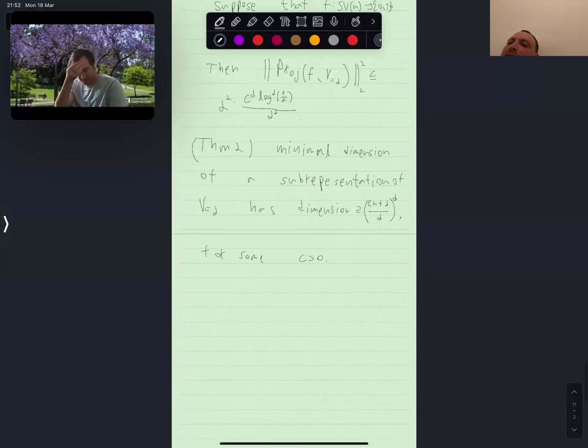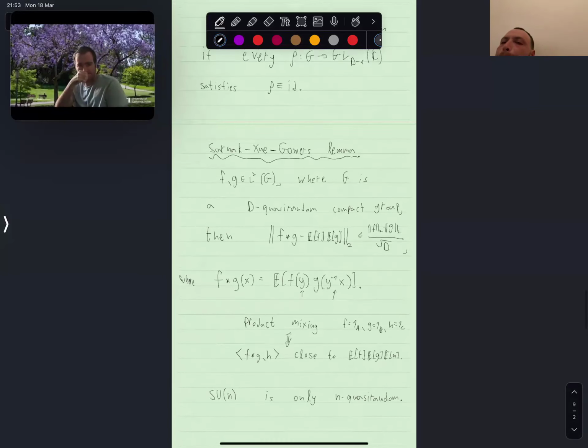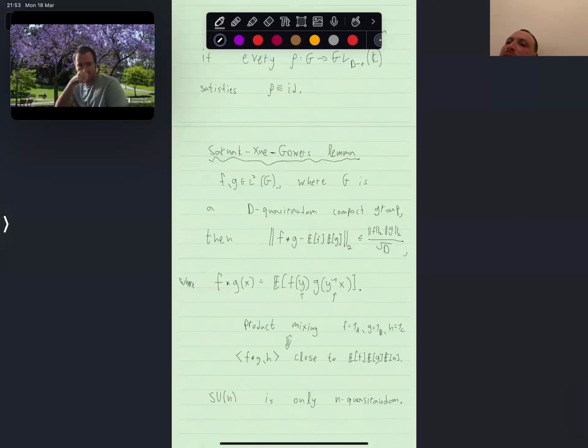So basically, if you look back at the Sarnak-Xue lemma, you see that basically the dimension of the representation works in your favor, and the higher the dimension of the representation is, the better the approximation you get here.